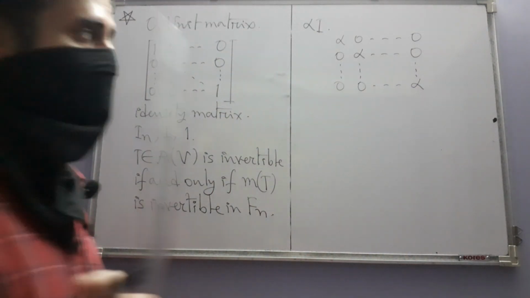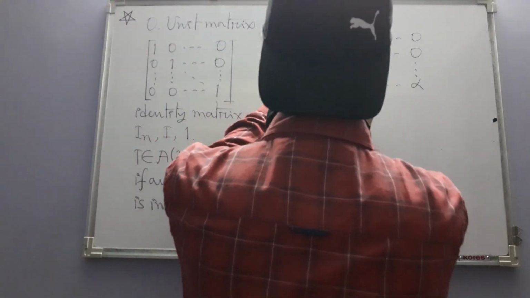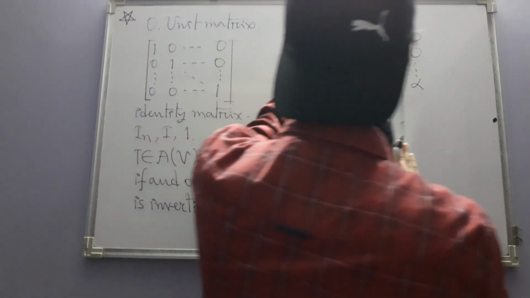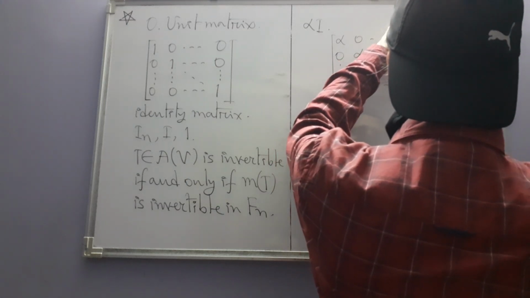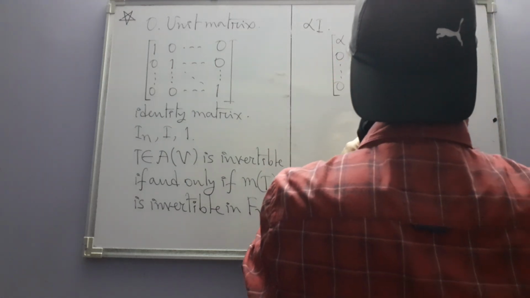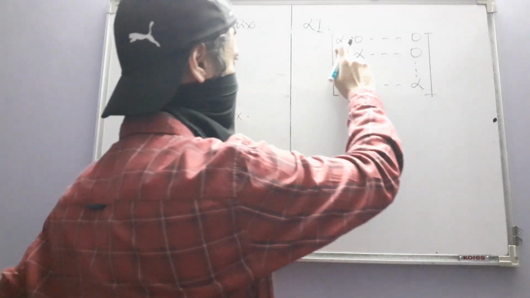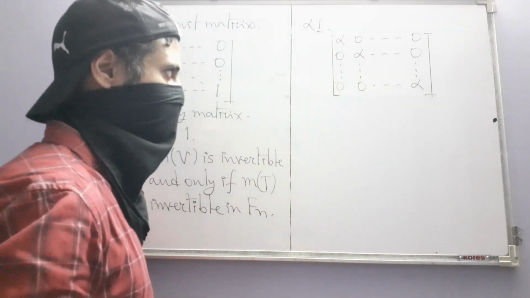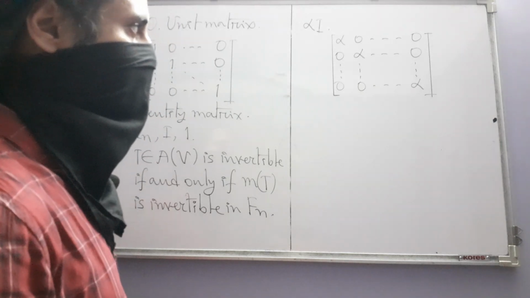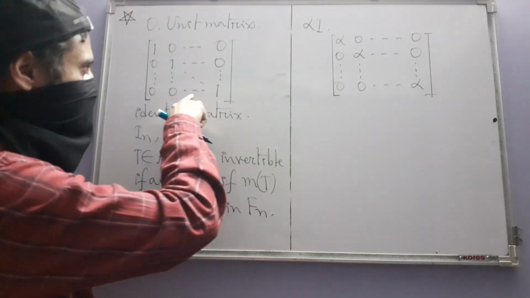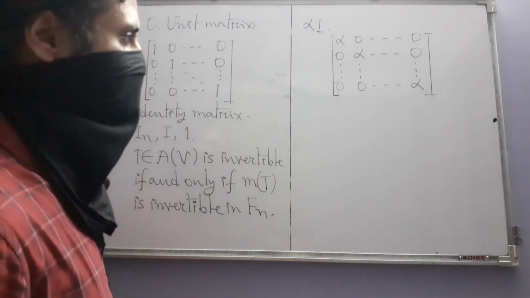And these matrices have a name. They are called scalar matrices. Scalar matrices are those matrices where the leading diagonal entries are all equal and the off diagonal entries are all 0. So this is a special case of scalar matrices.